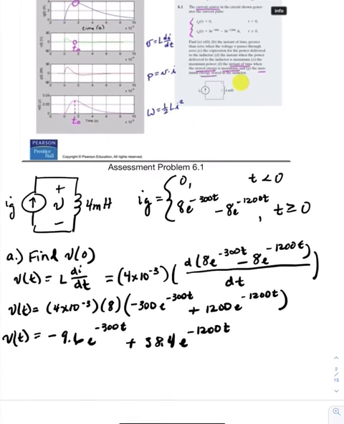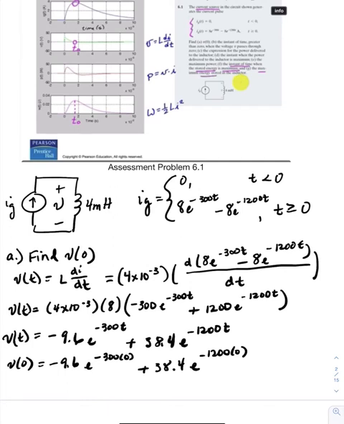And we're looking for V sub 0. So V at time equal to 0 is minus 9.6 e to the minus 300 times 0 plus 38.4 e to the minus 1200 times 0.